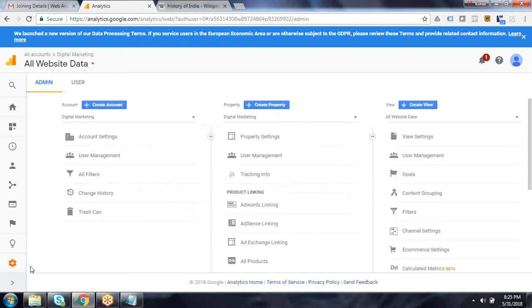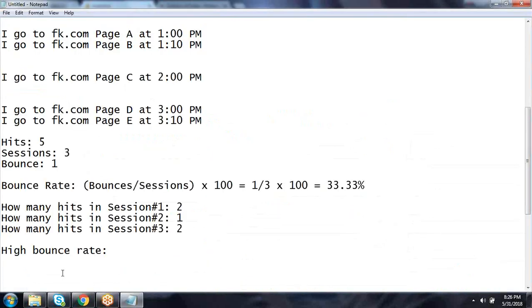I hope all of you can see this admin console on my screen, where there are three pillars: account, property, and views. You all see it? Okay, so this is the admin console. This is the place where we can make some configuration changes within Google Analytics. Google Analytics has four pillars.